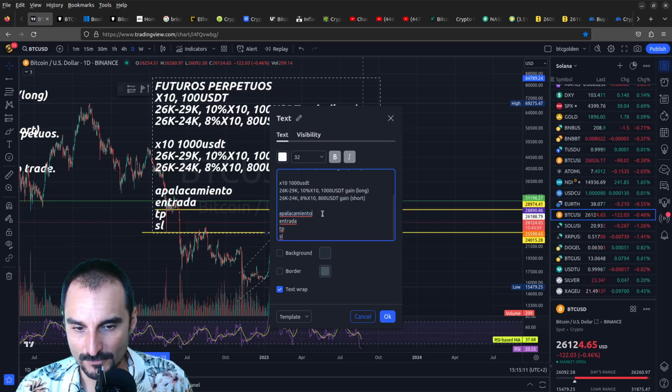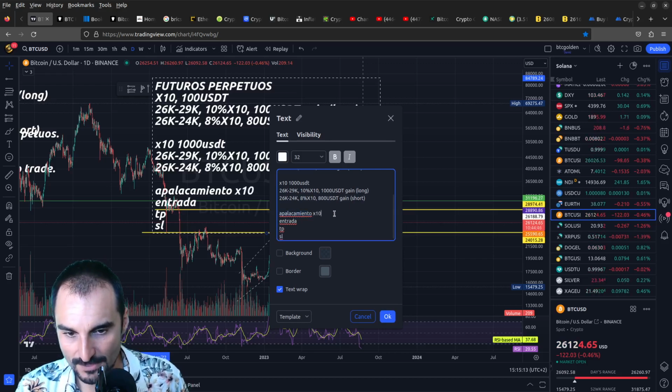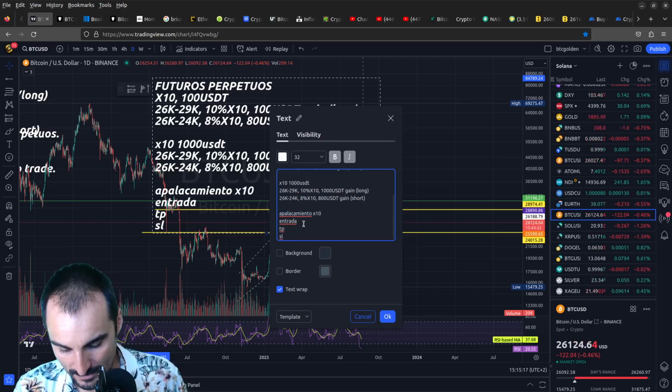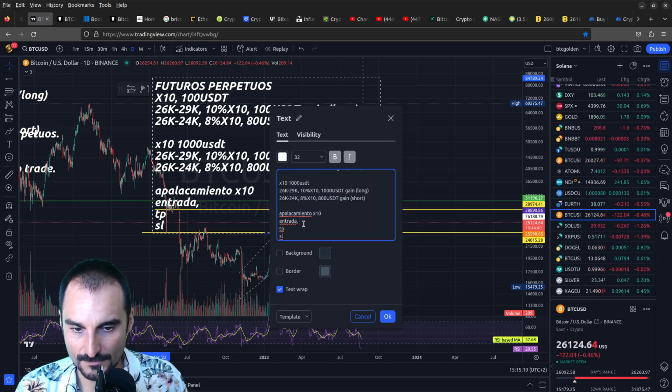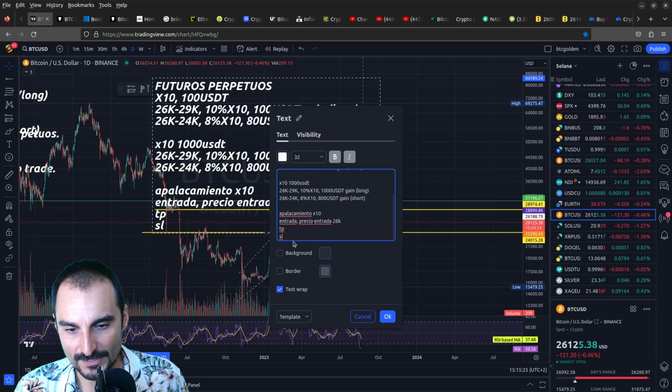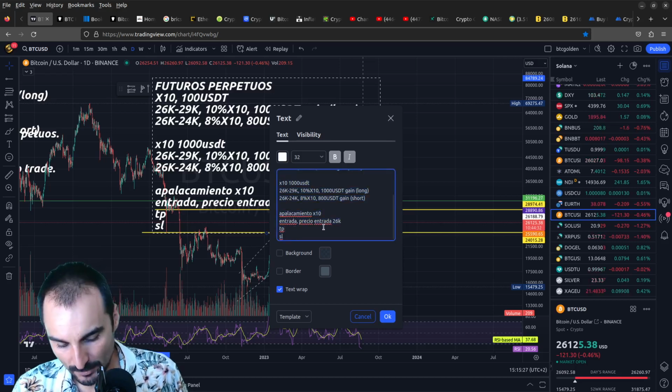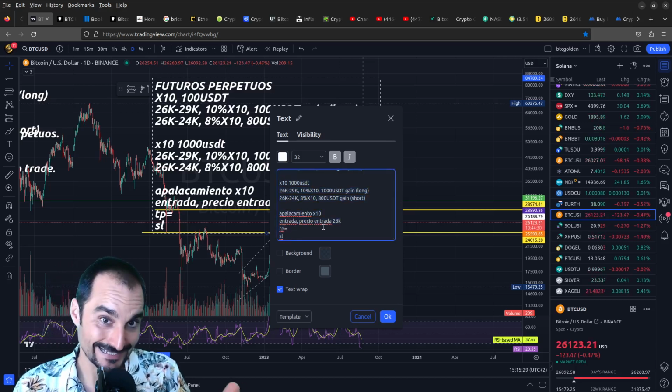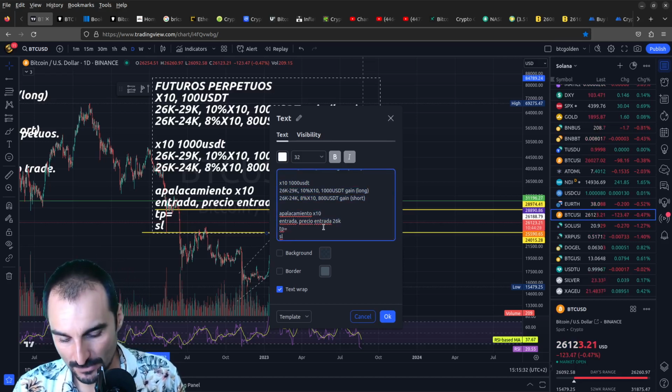We have already seen the leverage, which in this case we have said would be 10x. The entry would be the entry price, which in this case would be 26,000, and then the take profit and the stop loss. The take profit means where I want to get out of the futures and take profit.